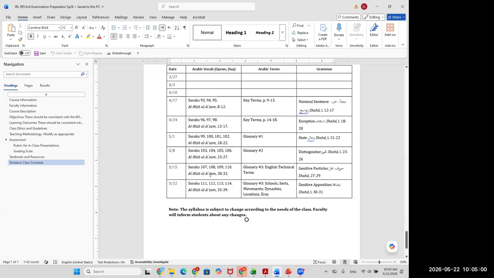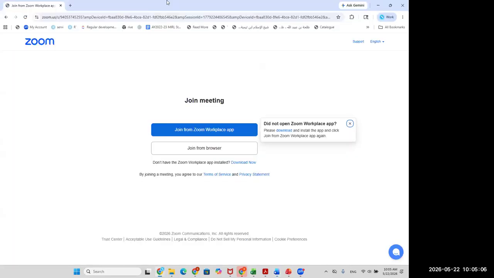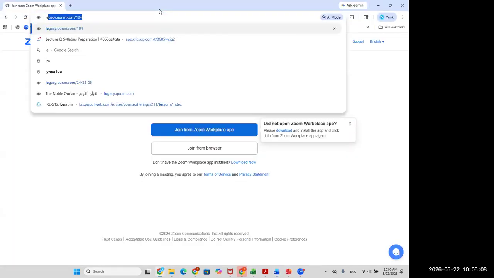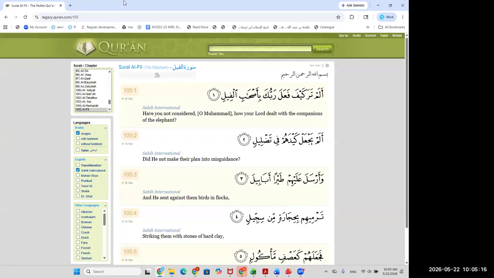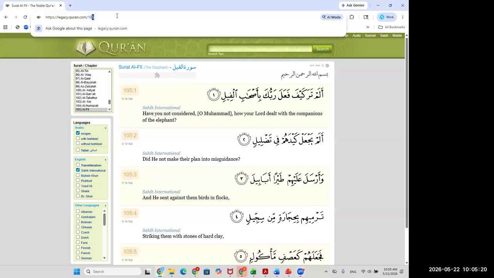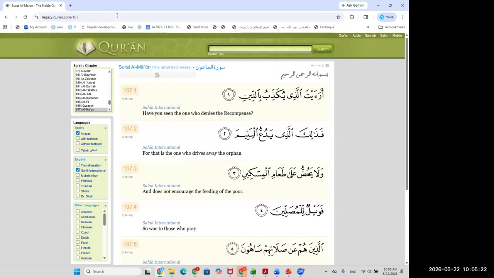So I think we resume from Al-Ma'un, which is at what number? 107 is Al-Ma'un. Okay, let's look at two translations.